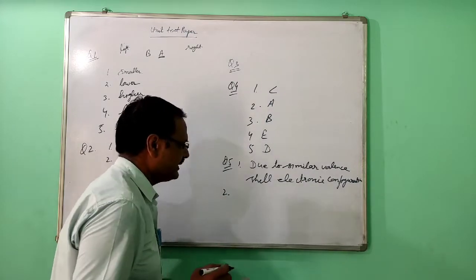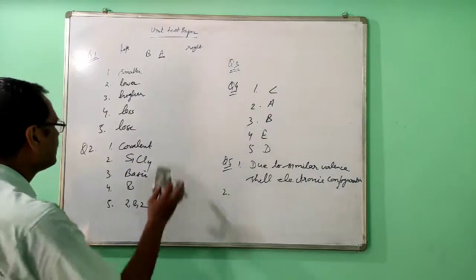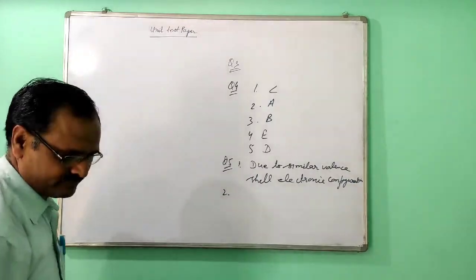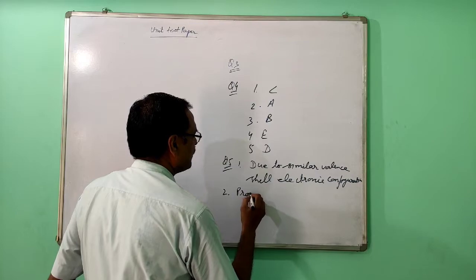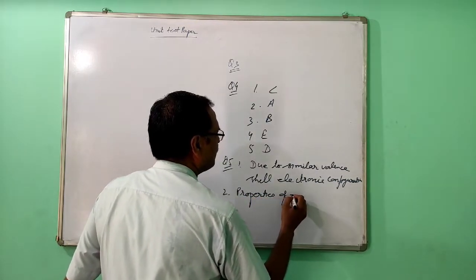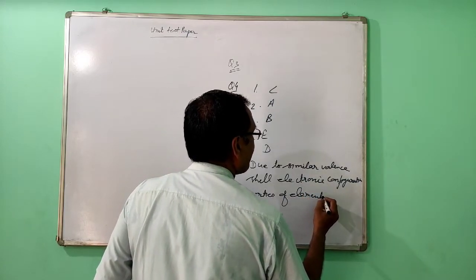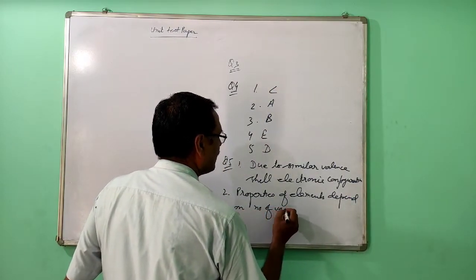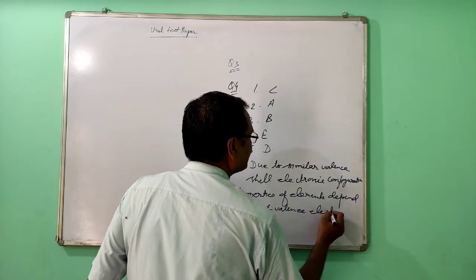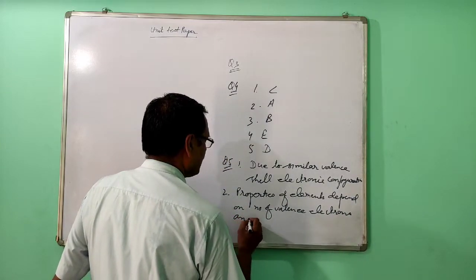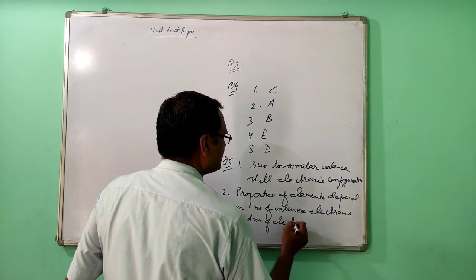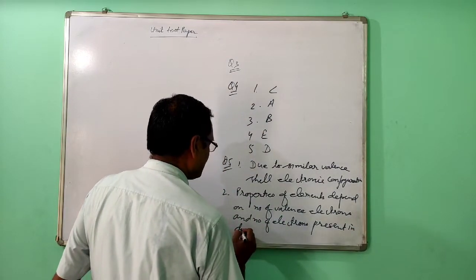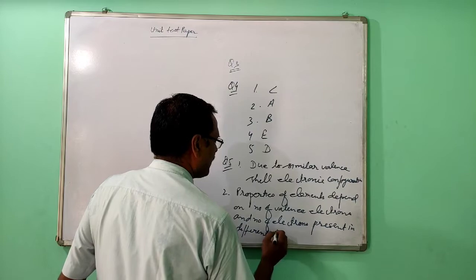So you can write here: properties of elements depend on the number of valence electrons and the number of electrons present in different shells.